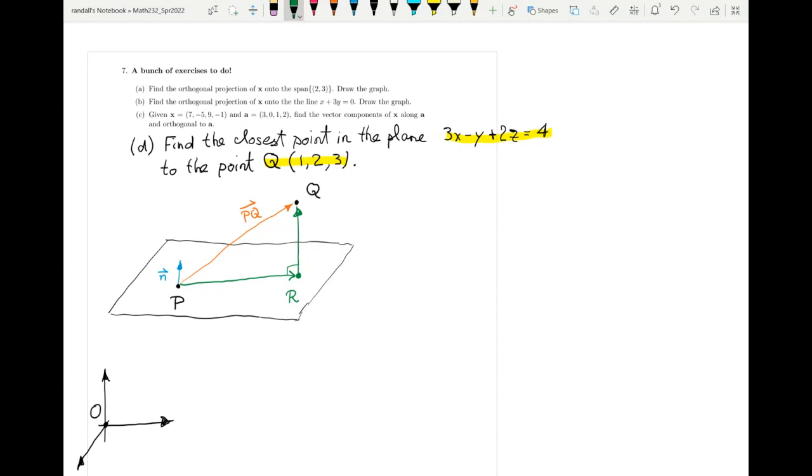So this distance here, this vector right here, I'm just going to write R to Q. This vector is the projection of the vector PQ along N. Okay, so there's my PQ, there's my projection, and therefore the PR, you can see, is the part that's perpendicular.